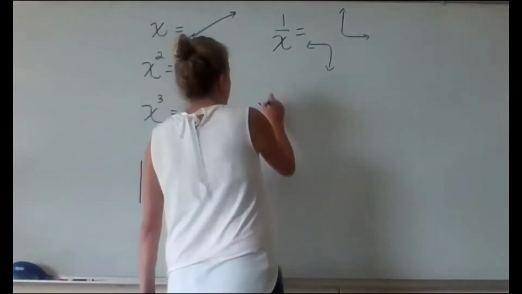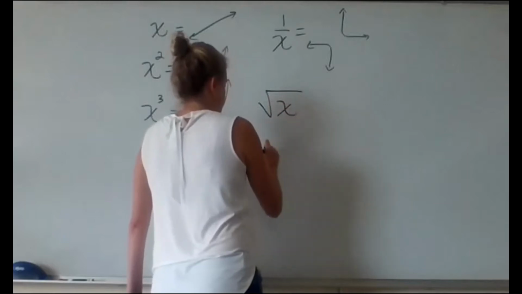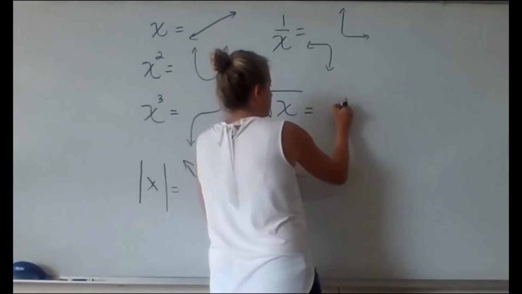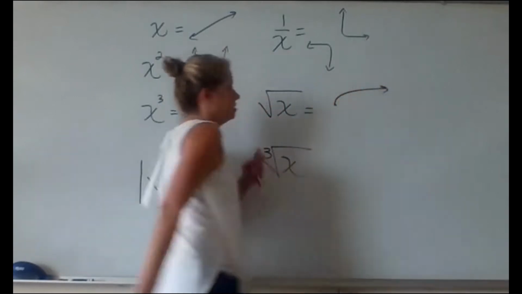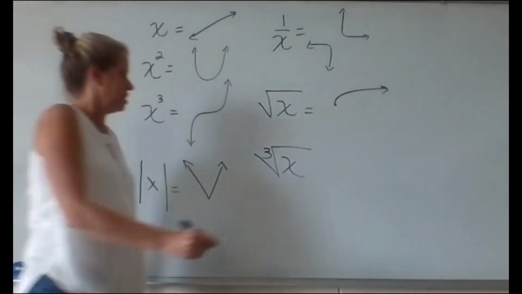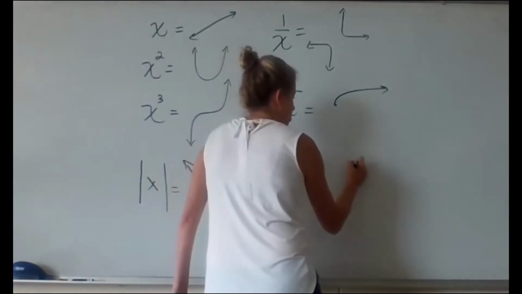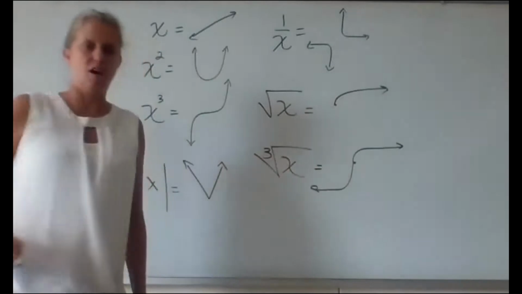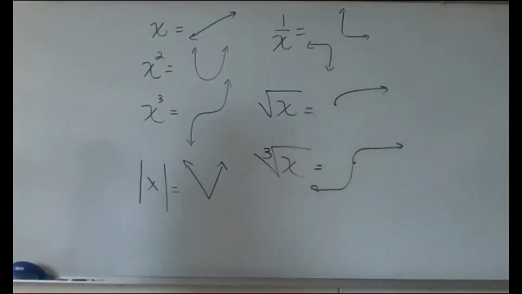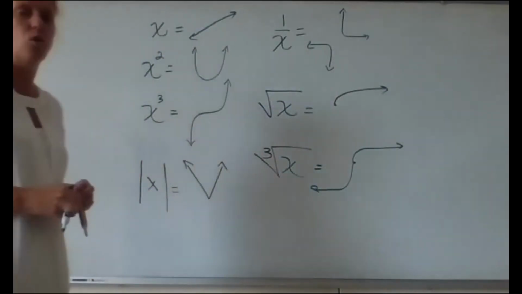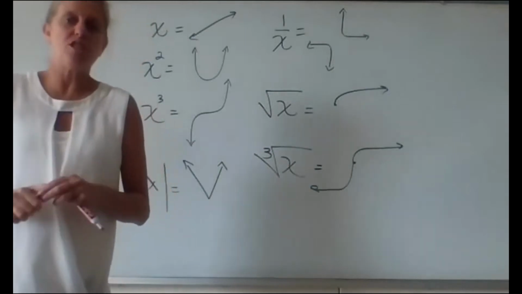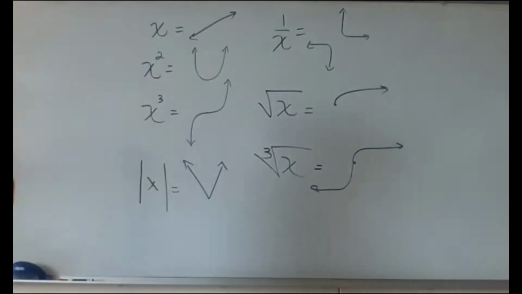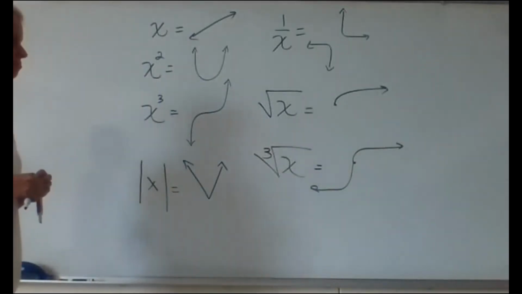There's a square root graph and a cube root graph. The square root graphs look like that, and cube root graphs kind of look like a sideways X cube. So there's the 6 different shapes that we're going to focus on pretty much the rest of the semester. I don't think you'll see anything else besides this the rest of the semester. Those different shapes of graphs.